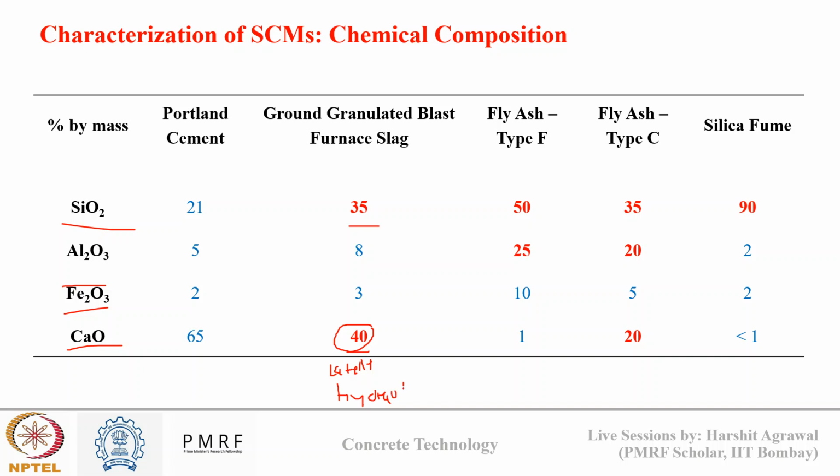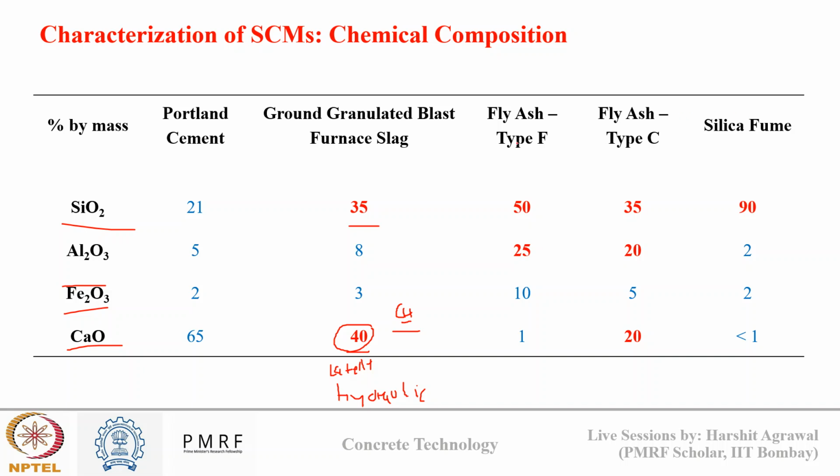So what do we mean by latent hydraulic? It means that it can act as a pozzolan also, but it also shows self-cementing ability under some given condition. So it does not always require CH to produce CSH. It has a self-cementitious ability also, just like OPC, because of its high calcium oxide content.